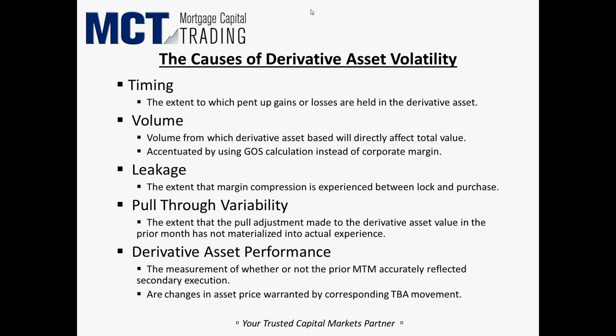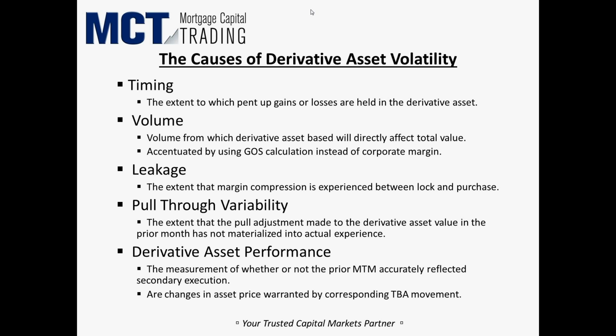You saw situations where the investors were pulling back in price faster than the corresponding TBA was dropping, faster than we would expect it to drop. So that would have been a legitimate derivative asset performance issue causing a deterioration in secondary profitability.